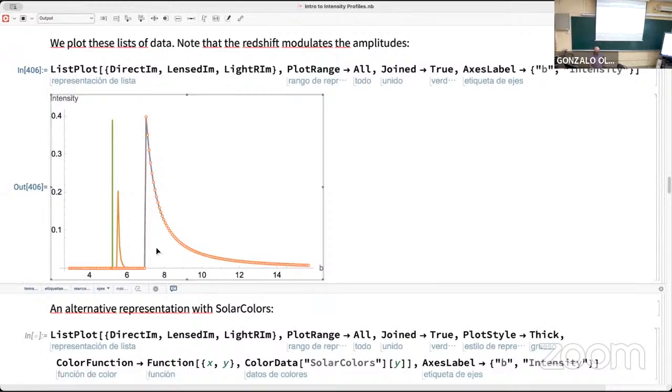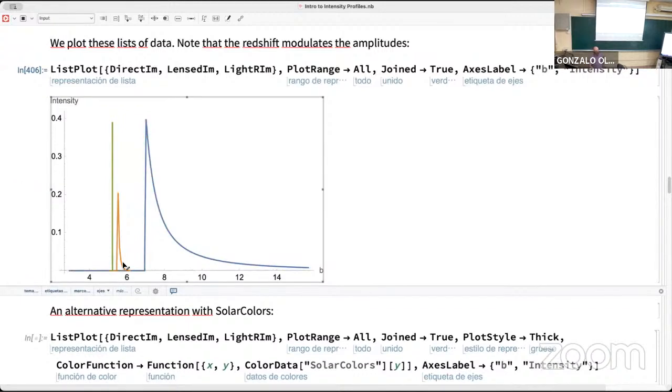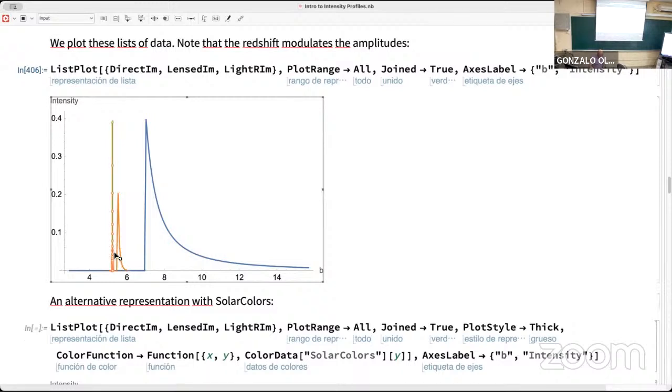But now we also get an image generated by those photons that come from the back side of the accretion disk, and this is the lens image, this orange portion, and the green sector corresponds to the photons that are around the photon ring. So we have 3 intensity contributions.